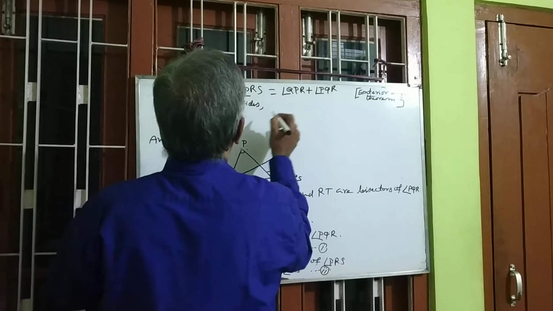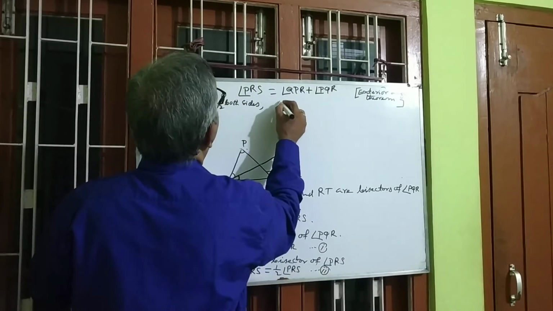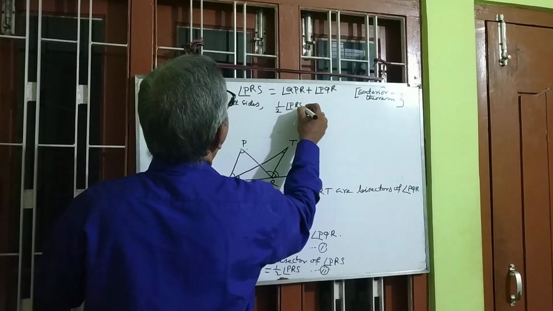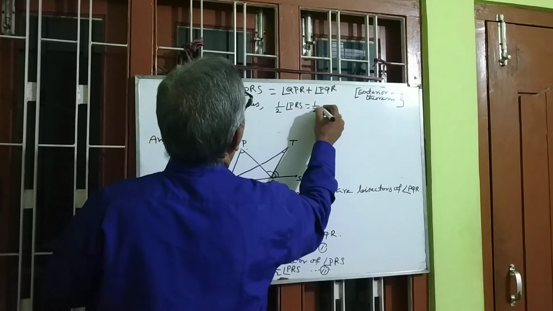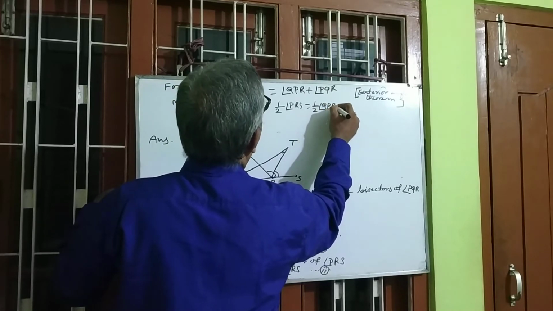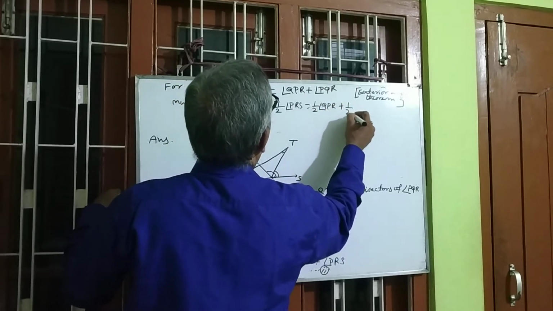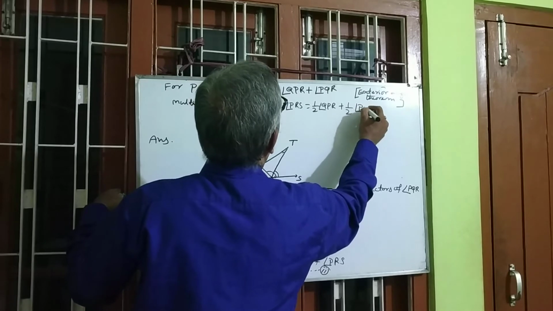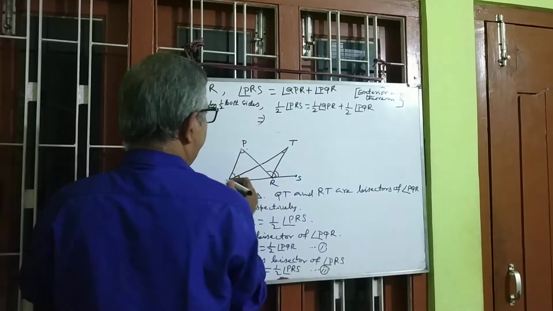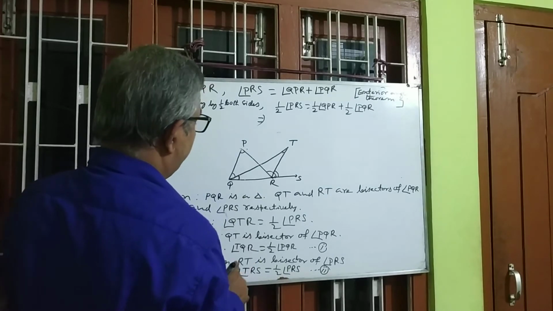Dear friends, then what will happen? Half of angle PRS, half of angle QPR, half of angle PQR. Now you tell one thing. Half of PRS, what is that?